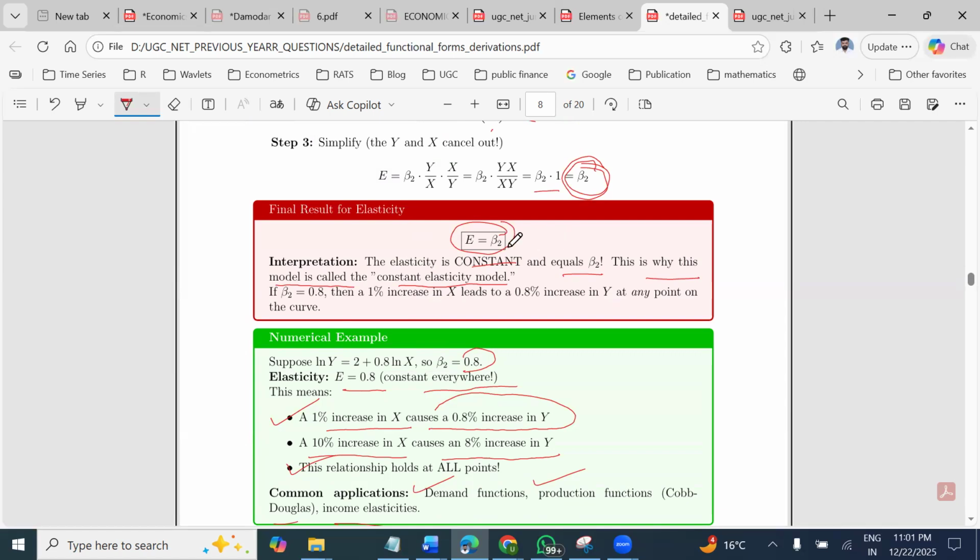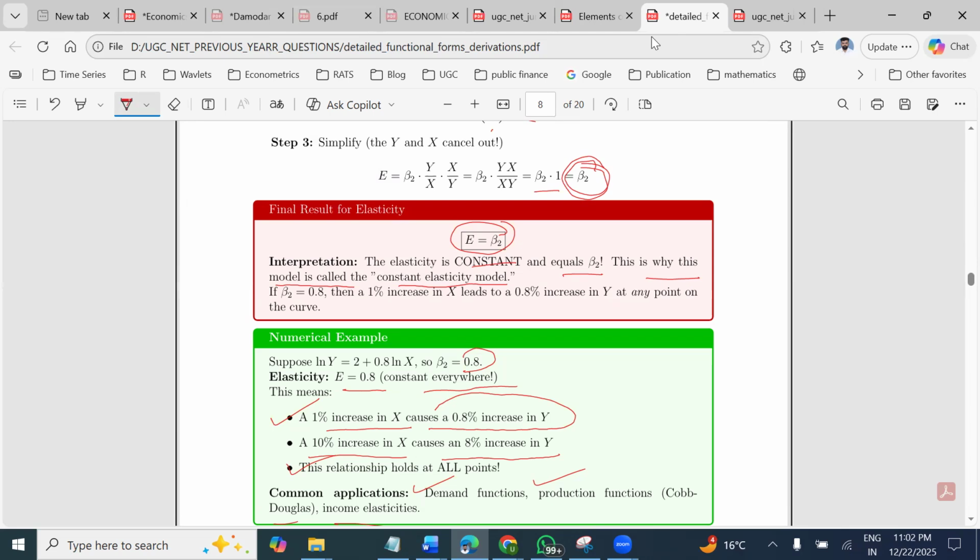But usually beta 2, if you see in the Gujarati book, you have the Gujarati book, right? Go to that book, Chinmay, go to chapter number 6 or chapter number 5, just check.